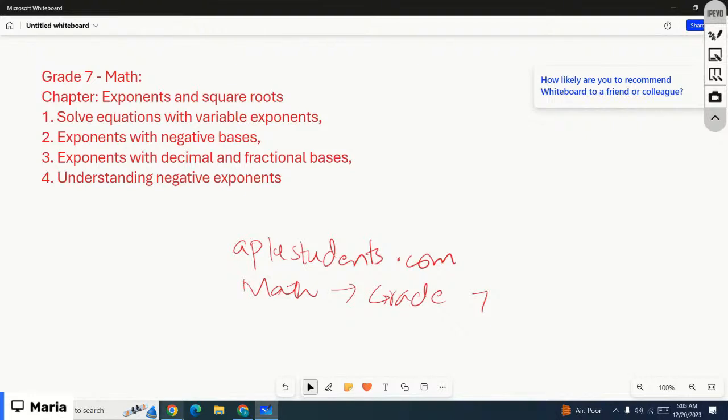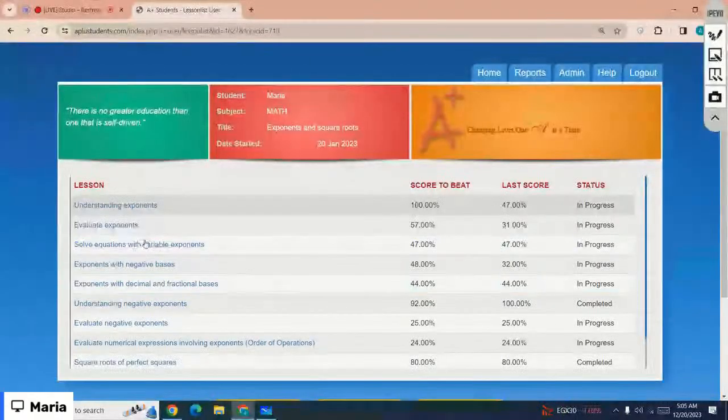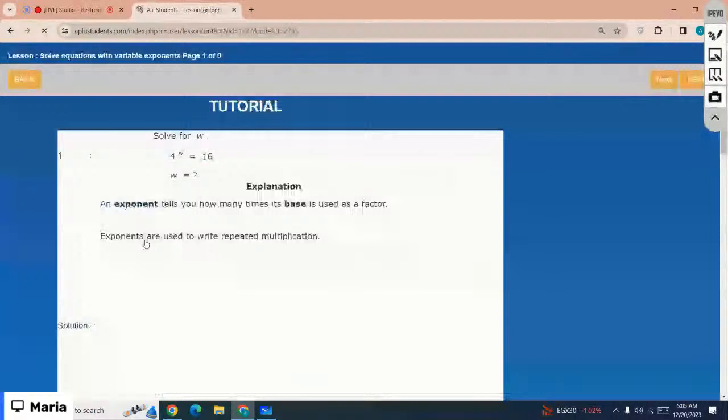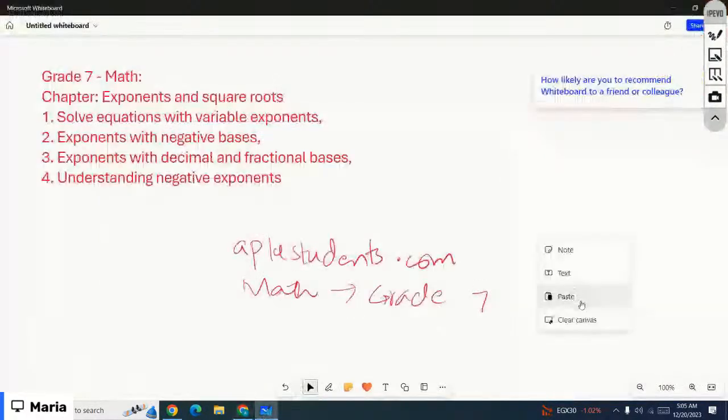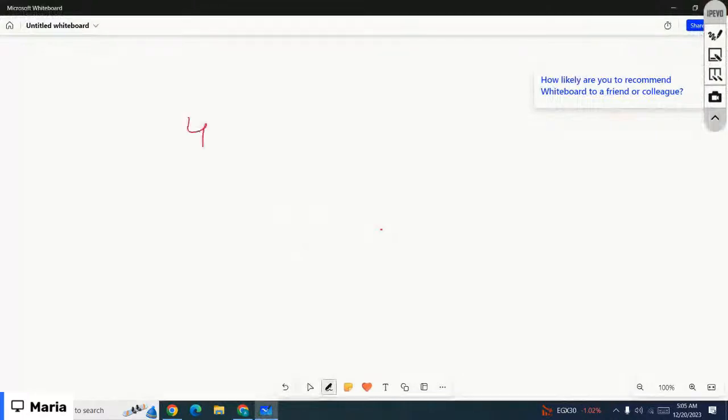Here I'm on grade 7 math. The lesson we're going to start with is solve equations with variable exponents. Okay, the first one is solve for W, that is 4 exponent W equals 16, right? Basically, you need to write down this 16 in the exponent form.